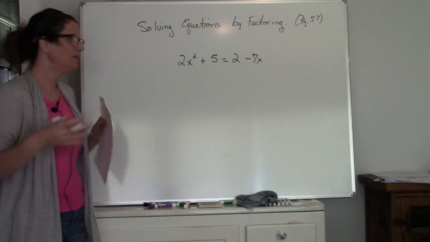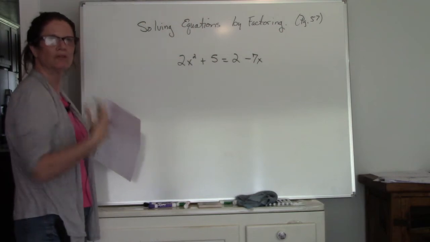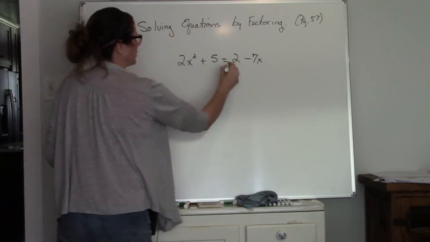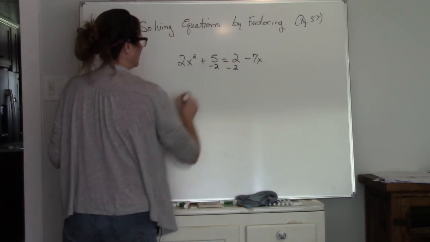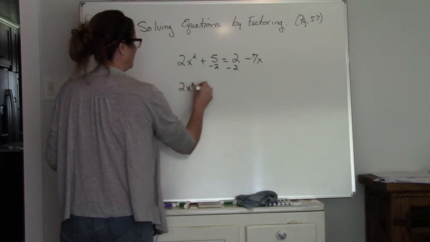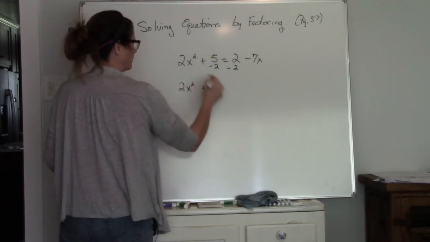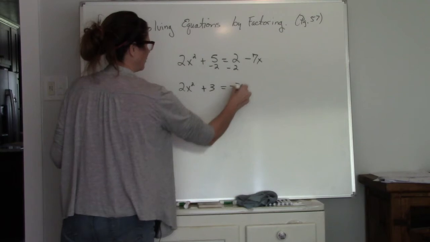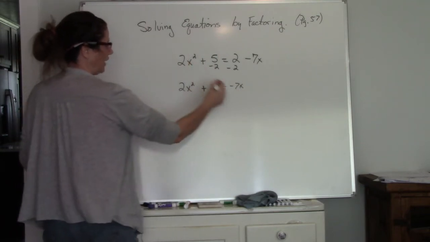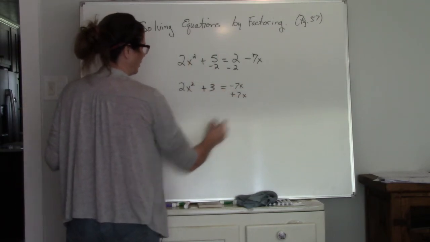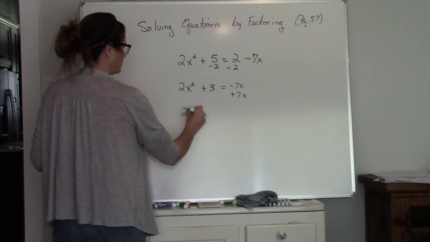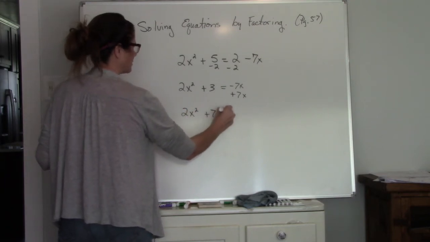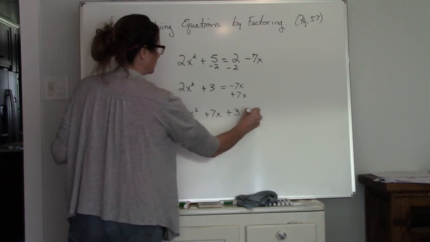So that means anything on the right side, I want to move over to the left side. So I'm going to subtract 2, and I have 2x squared plus 3, 5 minus 2 is 3, equals negative 7x. I want the 7x over, so I'm going to add 7x. So I have 2x squared plus 7x plus 3 equals 0.